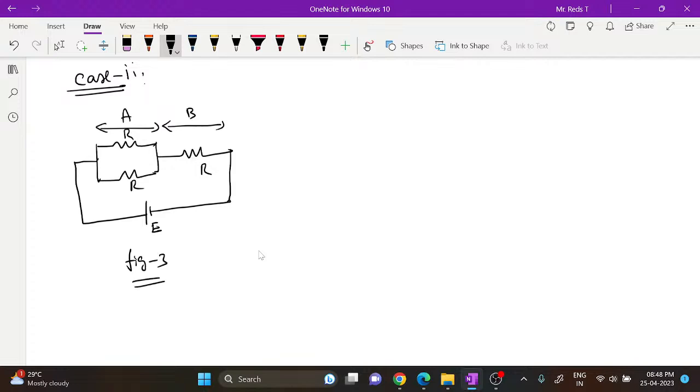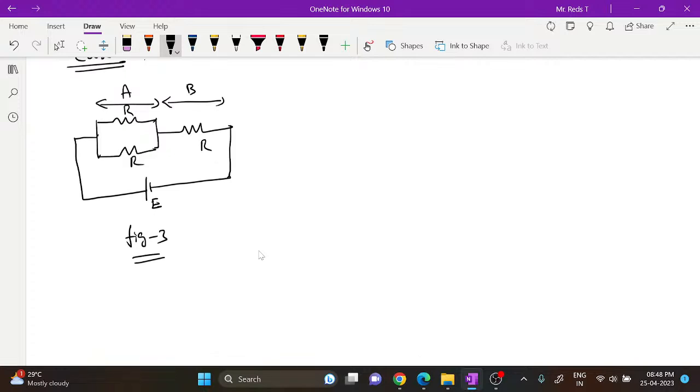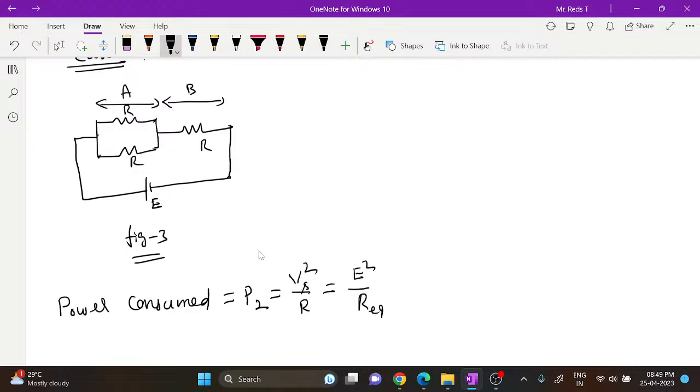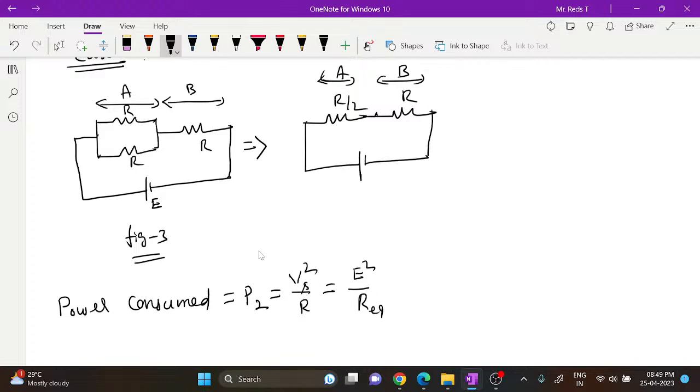In this case, power consumed, in the second case P2, is supply voltage square by the equivalent resistance of the entire combination. This is section A, this is section B, connected to the DC source of EMF E volts.